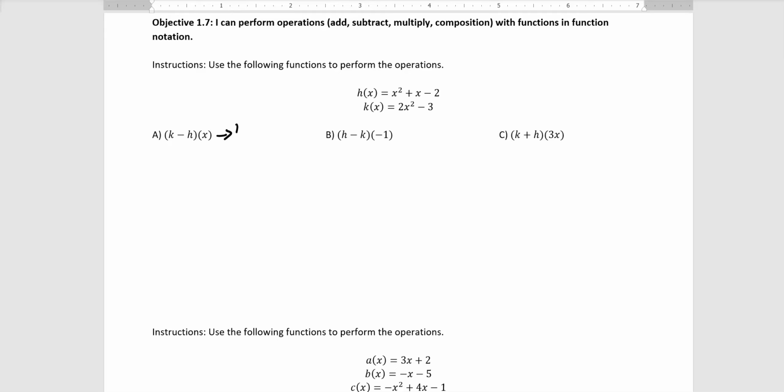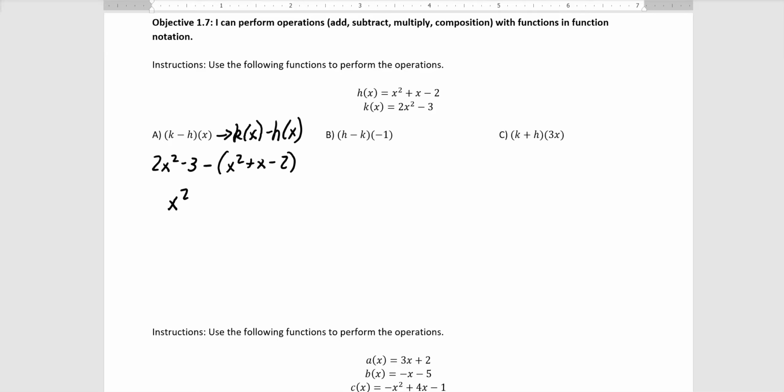So that's the same thing as k of x minus h of x. So k of x is 2x squared minus 3. And then we're going to subtract h of x, which is x squared plus x minus 2. All I need to do is combine some like terms. So 2x squared minus x squared will leave me with 1x squared.